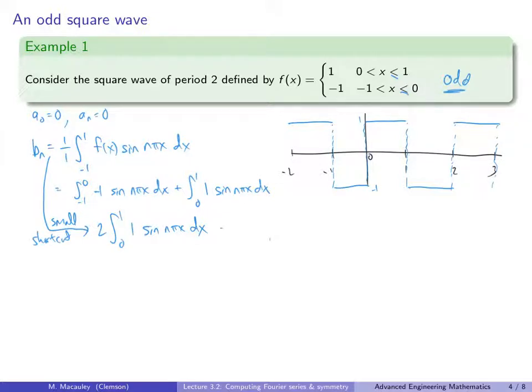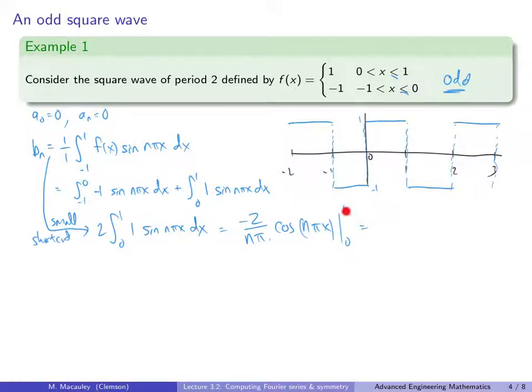Okay, so let's do this integral. This is 2 over n pi times cosine of n pi x, and then I think I need a negative sign here, from 0 to 1. Now I'm going to do two things at once.